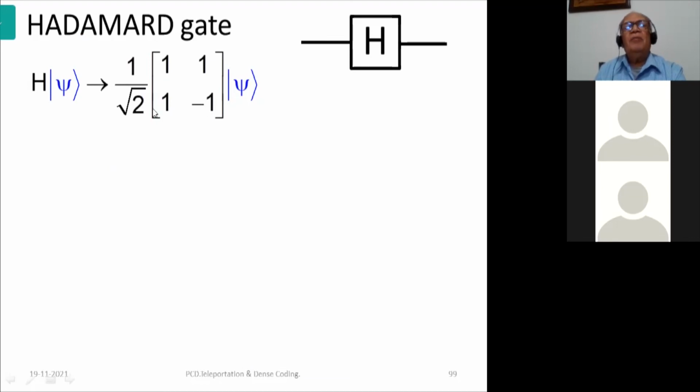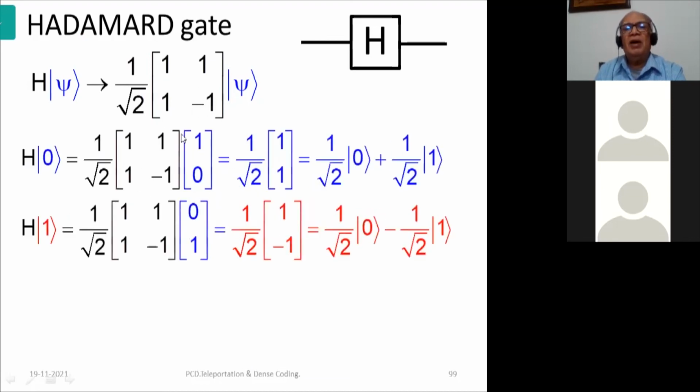So this is the matrix which represents the Hadamard gate. If it operates on a pure 0, then it gives you a superposition of 0 and 1. If it operates on a pure 1, it again gives you a superposition of 1 and 0. But mind you, they are different superpositions. In the first case, you have a superposition with a plus sign in between. In the second case, you have a minus sign in between.